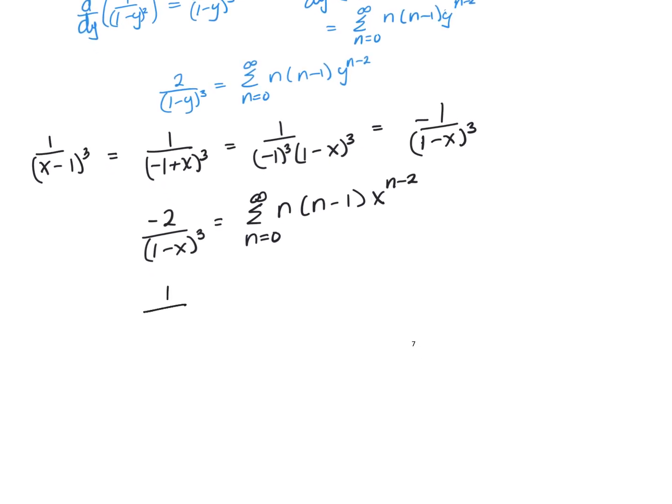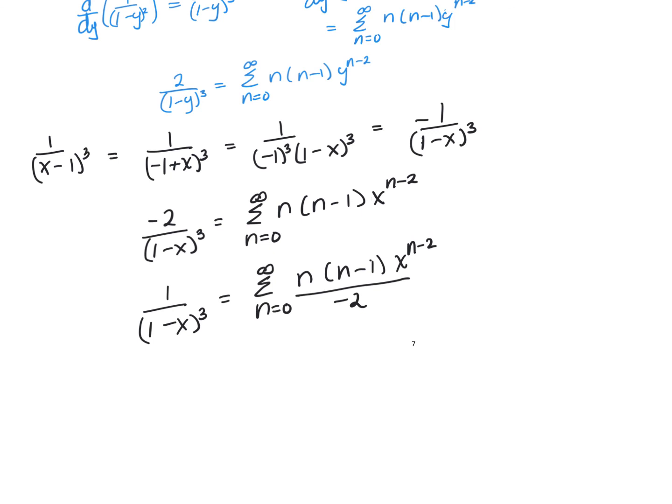So 1 over (1 minus x) raised to the third power is going to be equal to the summation of n equals 0 to infinity of n times (n minus 1) x raised to the n minus 2, all over -2.